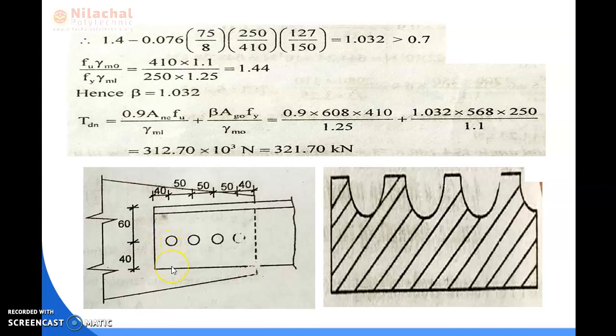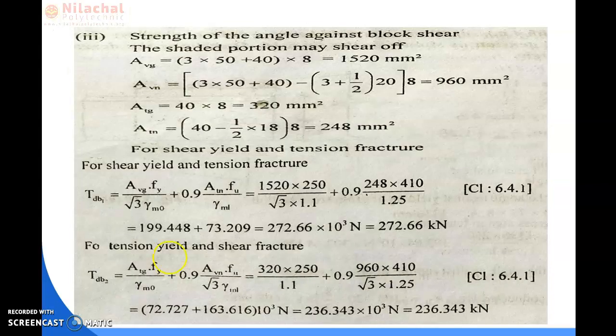So the formula is 40 into 8. So here we got the value of ATG as 320 mm square.